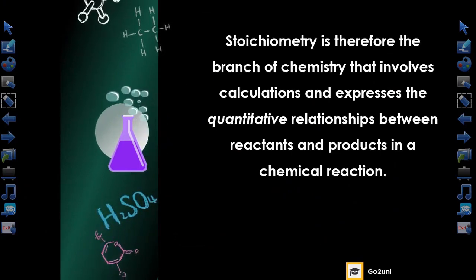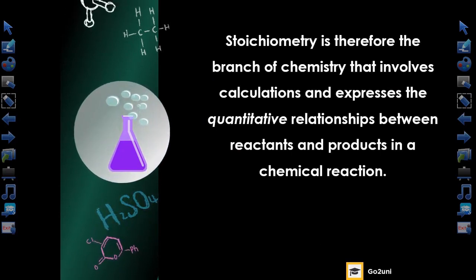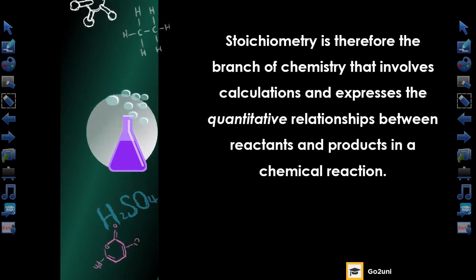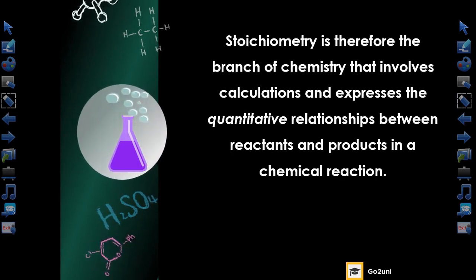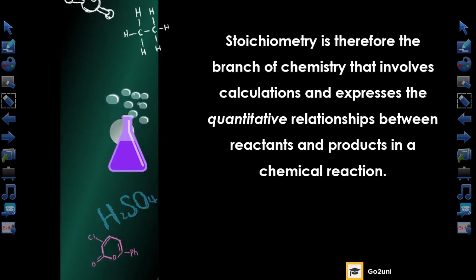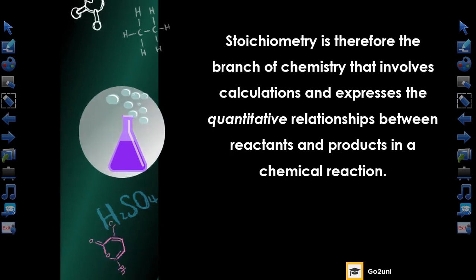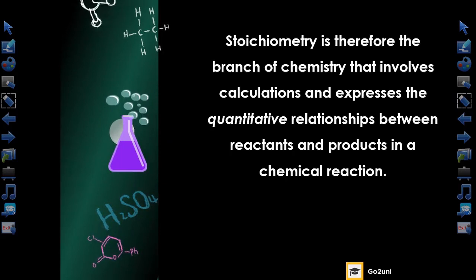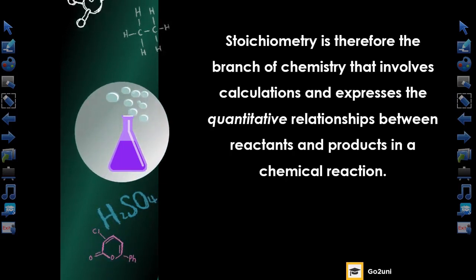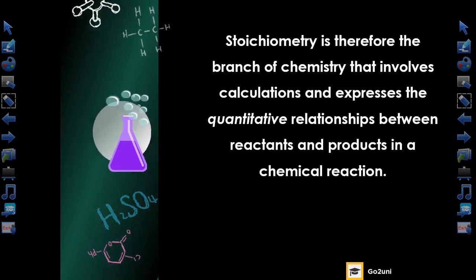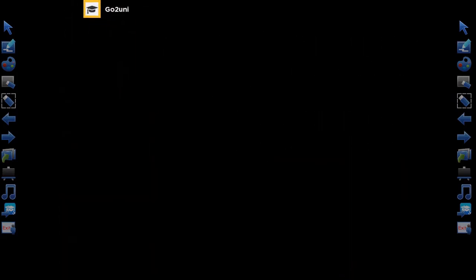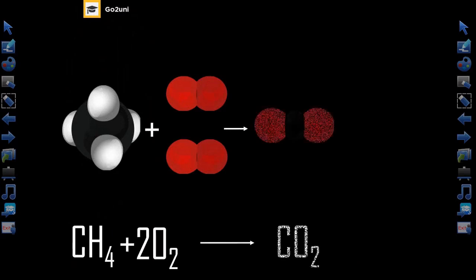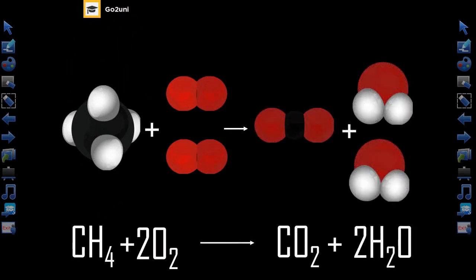Stoichiometry can be defined as a branch of chemistry that involves calculations and expresses the quantitative relationships between reactants and products in any given chemical equation. What it simply tells us is that whenever any chemical reaction takes place, the reactants and the products are related by a certain quantitative relationship.